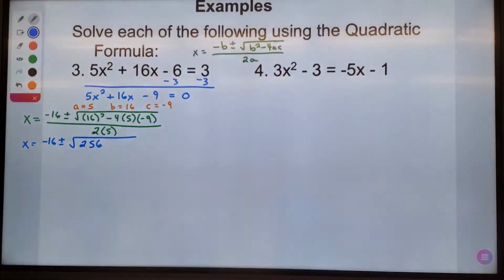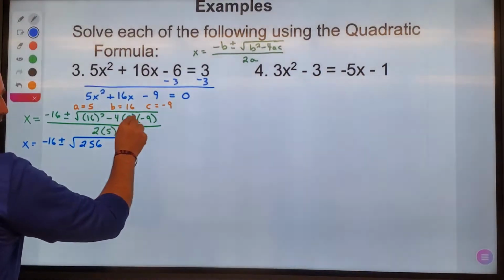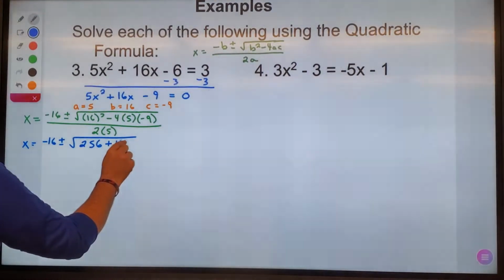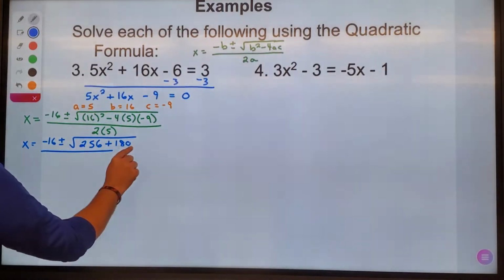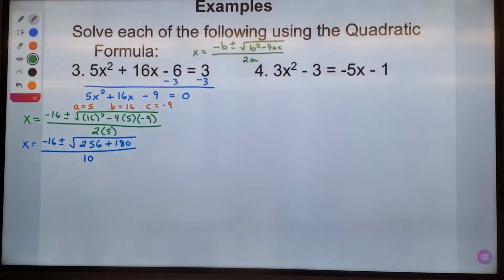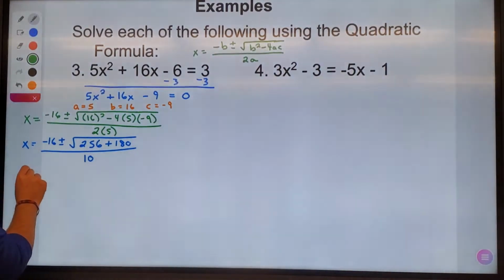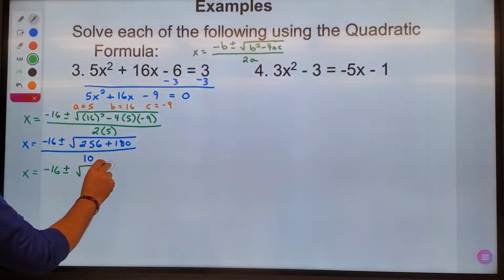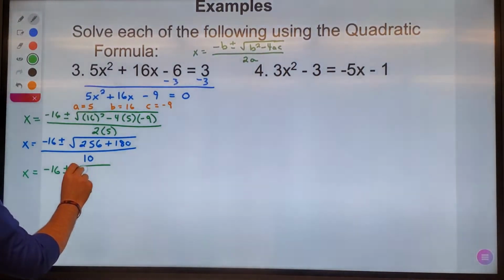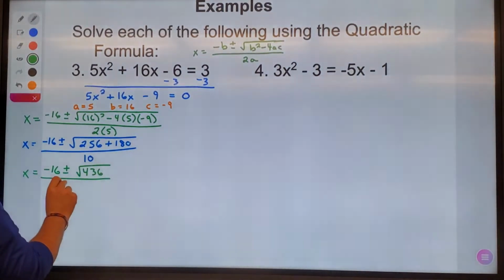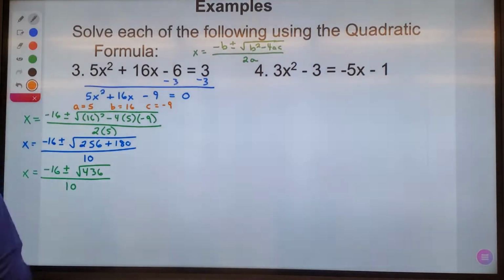If I take negative 4 times 5, I get negative 20, and then negative 20 times negative 9 is positive 180, so plus 180. All over 10, 2 times 5. Again, then shifting down and continue to work it out, x equals negative 16 plus or minus the square root of 436 over 10.